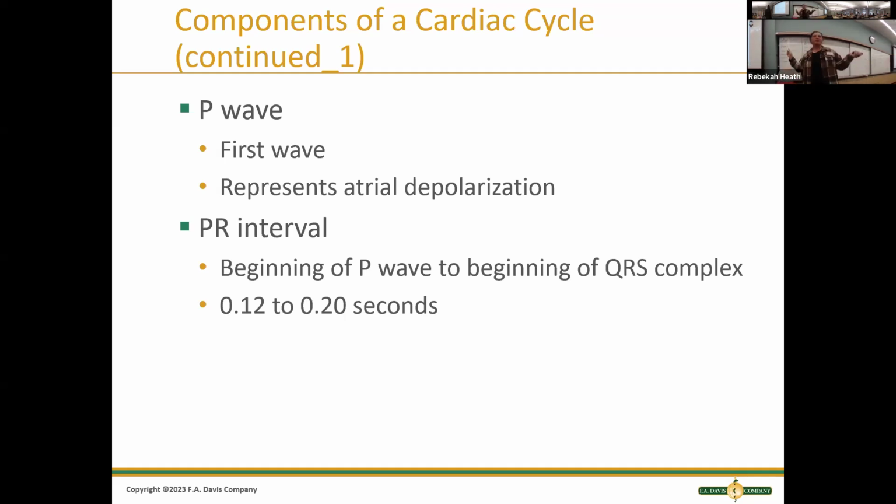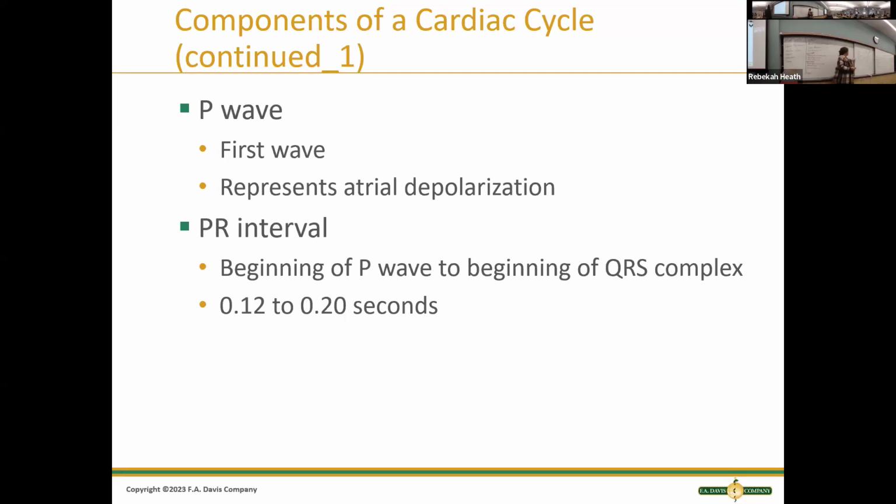And what does it measure? Atrial depolarization, right? And then we want to look at the PR interval. That's the next part of the conduction cycle, and it means how long it is from when the P wave starts till the QRS starts.